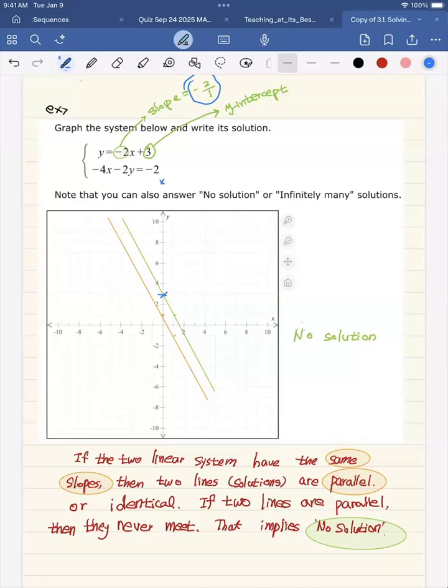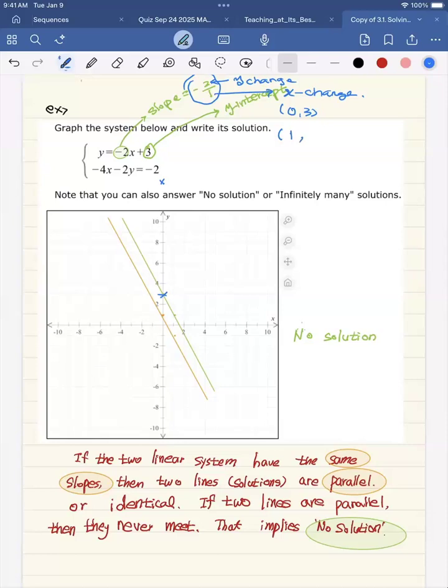So it passes (0, 3), and this one is the y change, and this one is the x change. So we add 1 to the first coordinate, and it becomes 1.